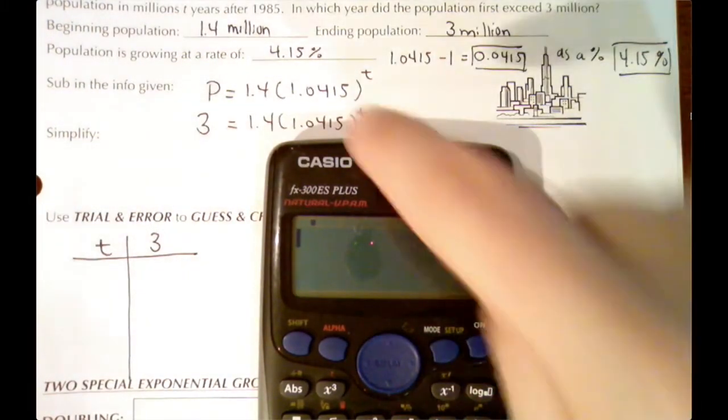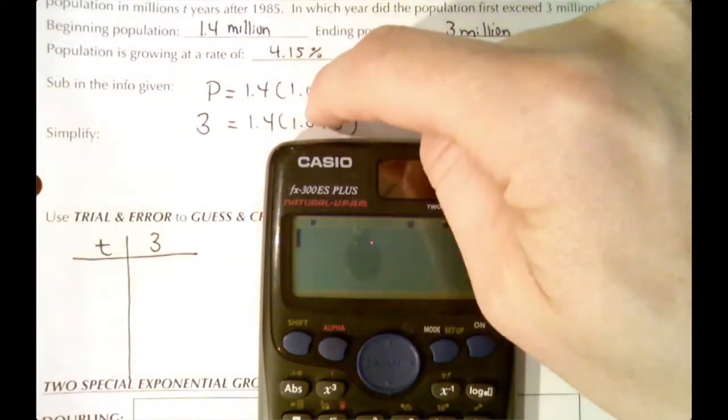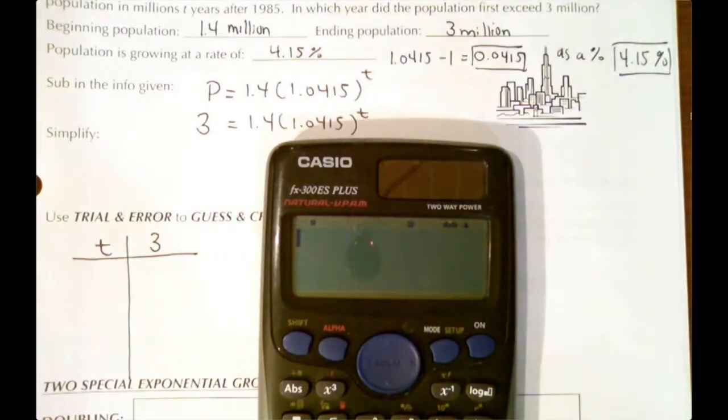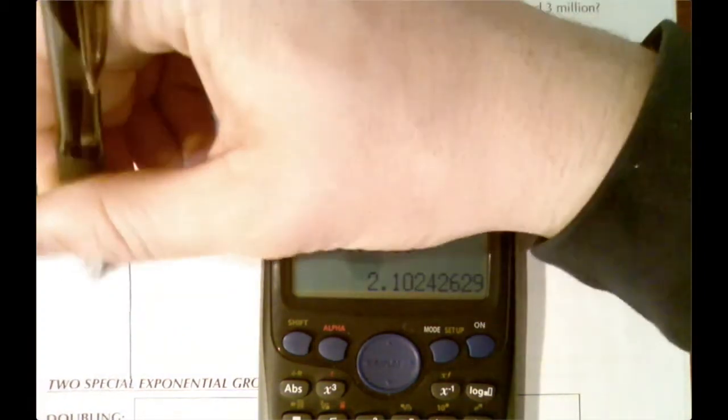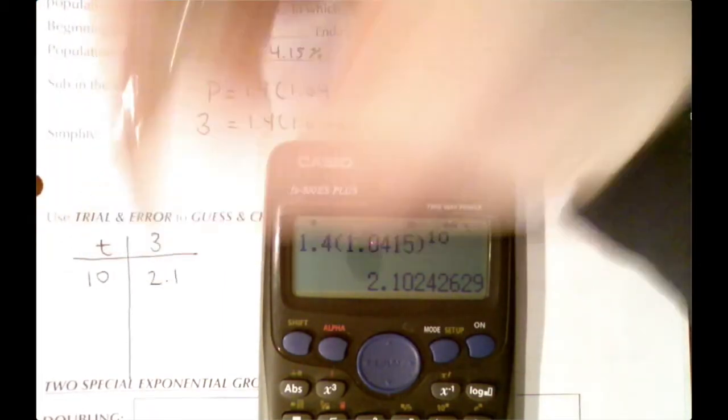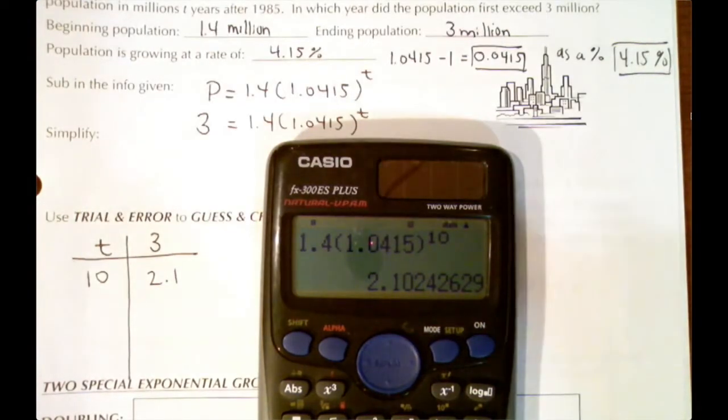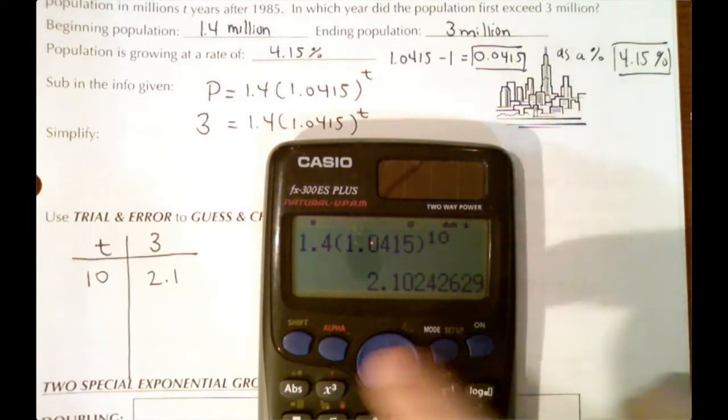Our equation says 1.4 times 1.0415 to the exponent t. We're going to guess some t's. 1.4 times 1.0415 to the exponent. Let's try 10. 2.1. So we tried 10. We got 2.1. That's not 3. But it is bigger than 1.4, so we're going in the right direction.